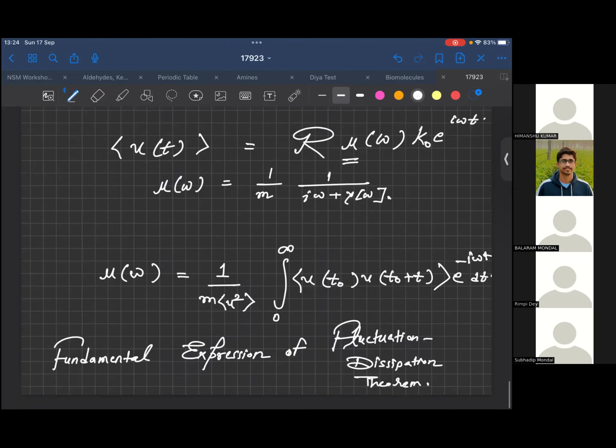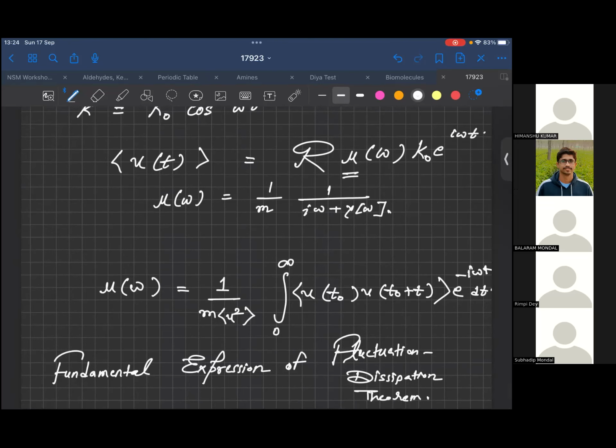Which was given by Kubo and obviously Mori as well, and it was later extended to the linear response theorem, correlation and correlation spectra, which are actually the proof of this fluctuation dissipation theorem, which today I don't think I will be able to discuss. Maybe some other day.